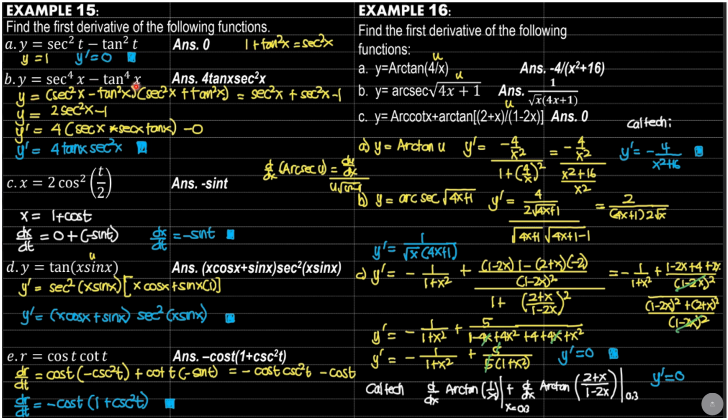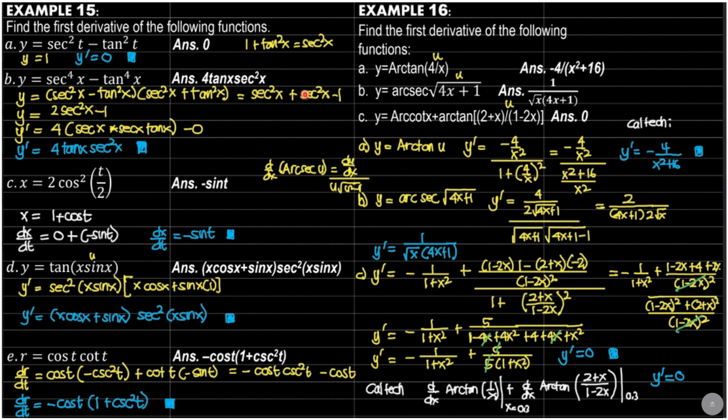Second, we factor this into quantity secant square x minus tangent square x, which is 1, times secant square x plus tangent square x. So that reduces to secant square x plus tangent square x. And tangent square x is secant square x minus 1. It's up to you. You may differentiate this secant square x plus tangent square x as long as the result is the same.